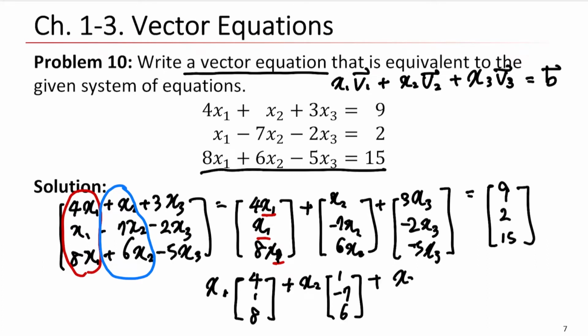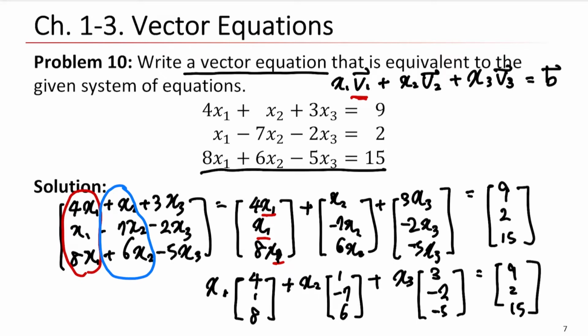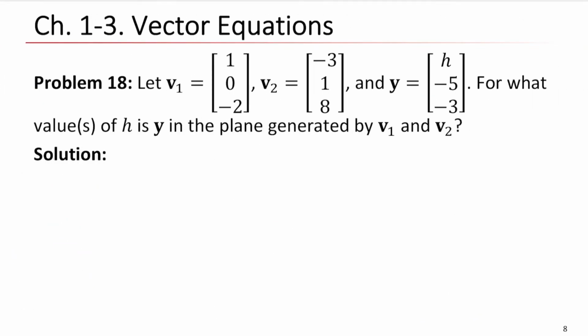And x3 times 3, 0, negative 2, negative 5. Done? Okay, try that. So in this case, this vector is v2, this one is v3, and b is the same as the original matrix form. Okay, so let's move on to another problem.